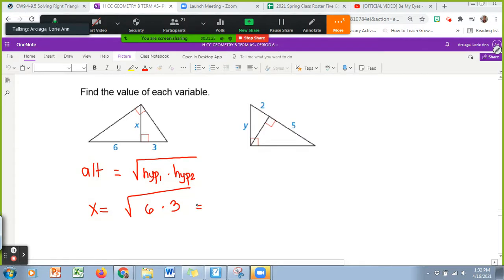Which is equal to root of 18. And how do we simplify root of 18? We broke it down into 9 times 2, yeah? So what's the square root of 9? It's 3. And then 2 is not a perfect square, so we just copy it down. There you go. Alright, so that's the calculator ready form. There you go, 3 radical 2.